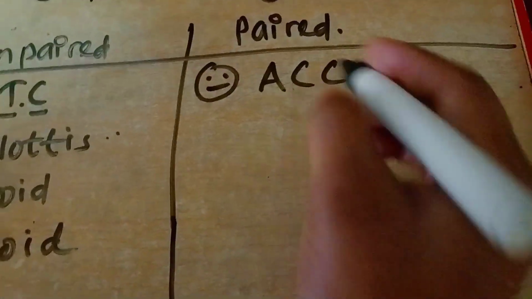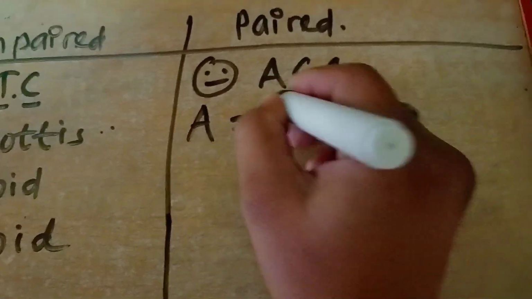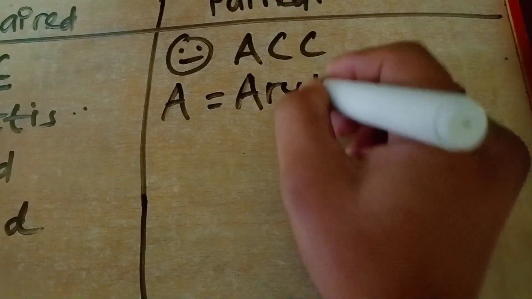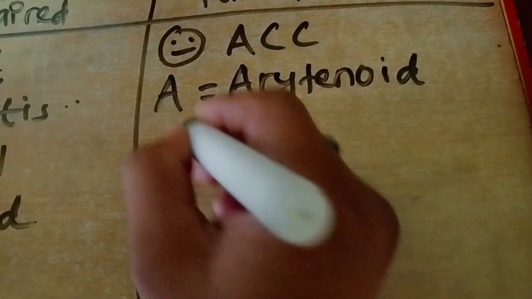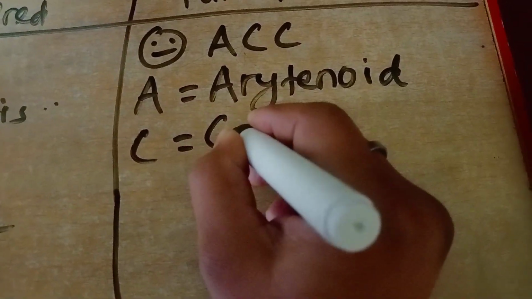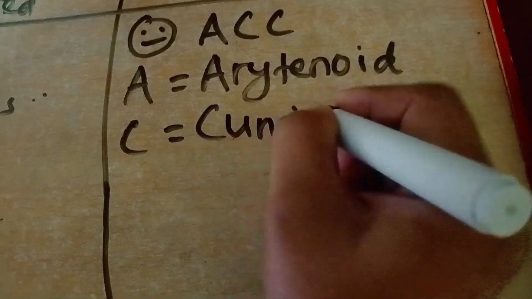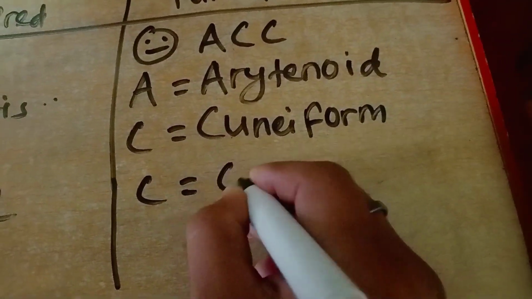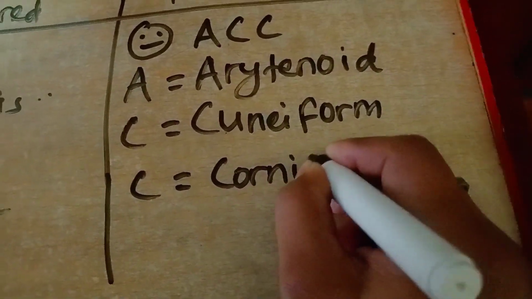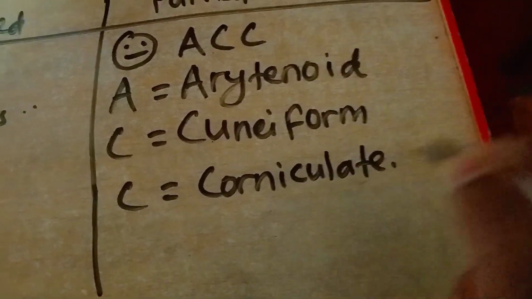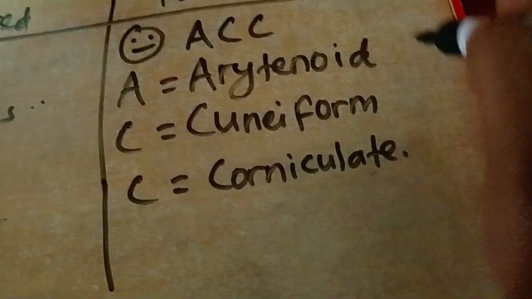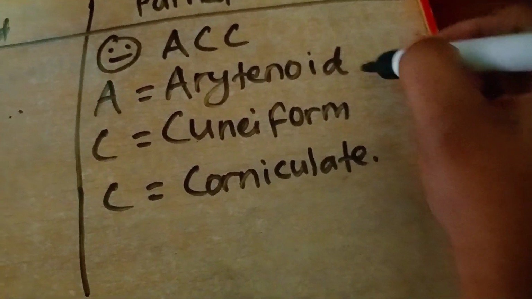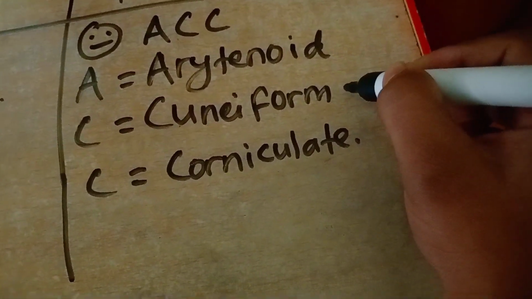Now for paired we have A for arytenoid, C means cuneiform, and C means corniculate. These 3 are paired cartilage, present as a double, that is 2 in number: arytenoid 2, cuneiform 2, corniculate 2.